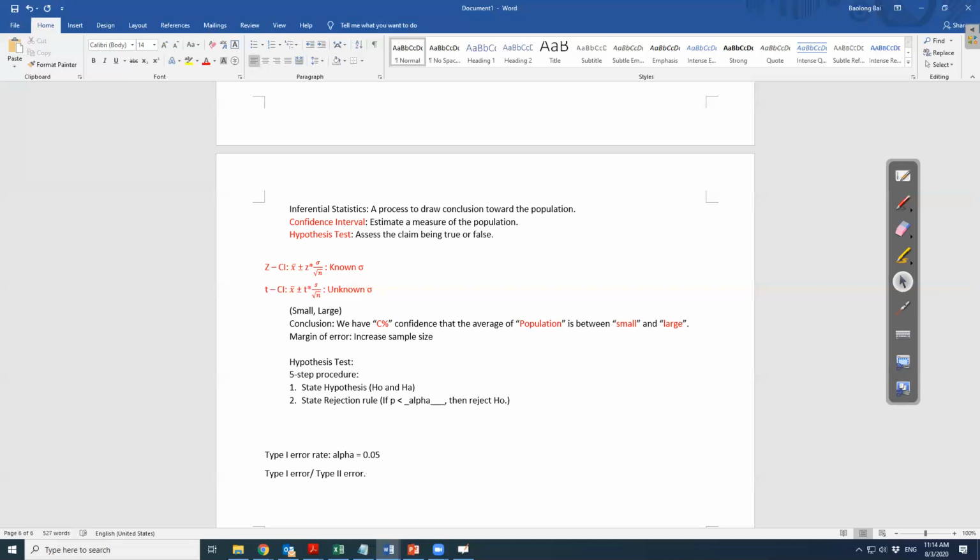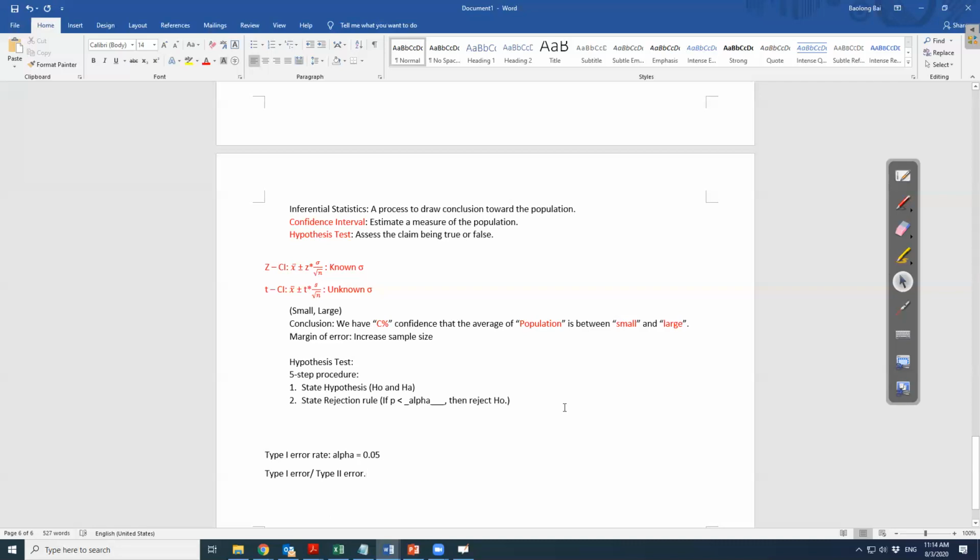If you ever confuse type 1 error and type 2 error, always think about the trial process. There's some defendant in a court, and the judge will need to decide if that defendant is guilty or not guilty. The truth is, the defendant could be innocent, could be guilty, depending on if he committed the crime or not.